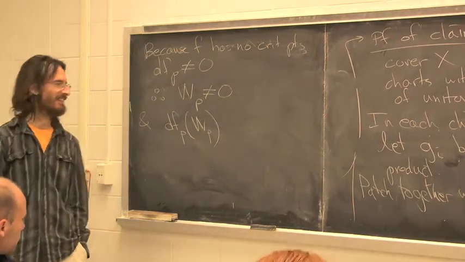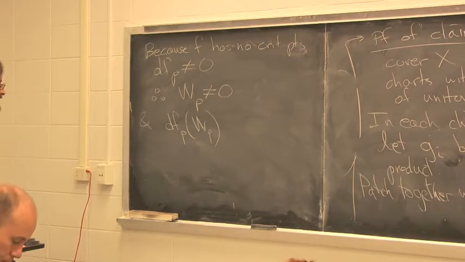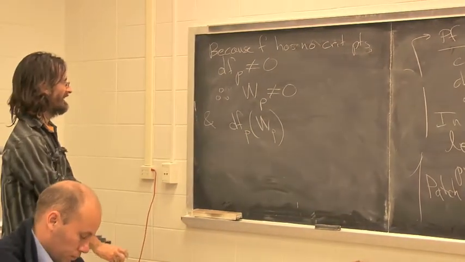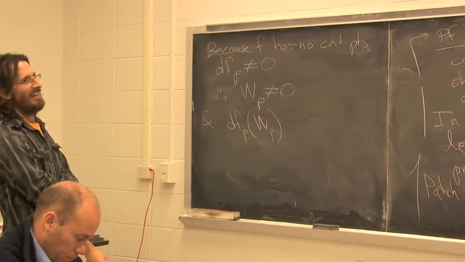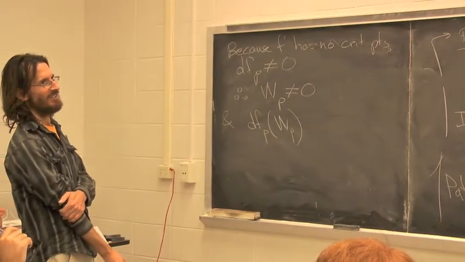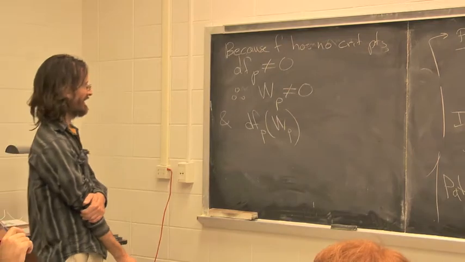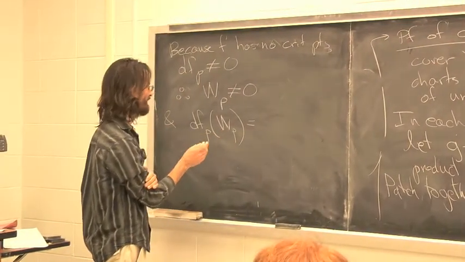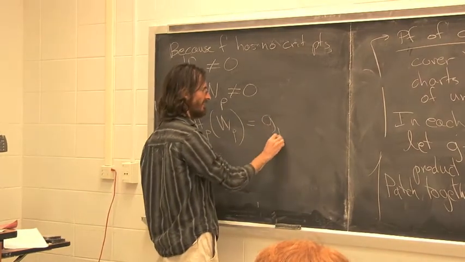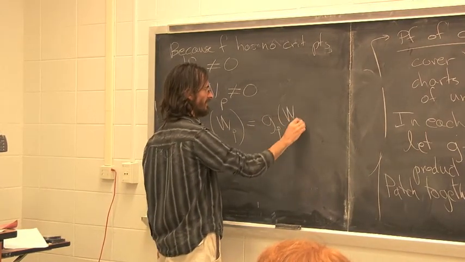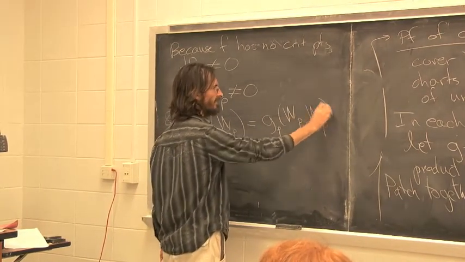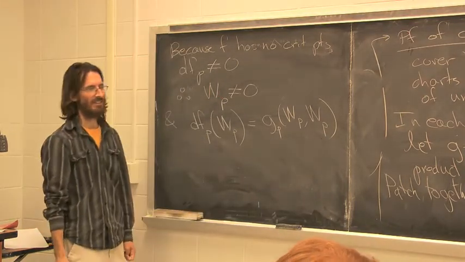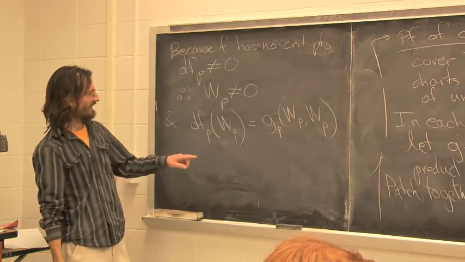This is slightly confusing, but the important thing is that the claim is this is the same thing as g_p of w, w. Okay, so why is that?